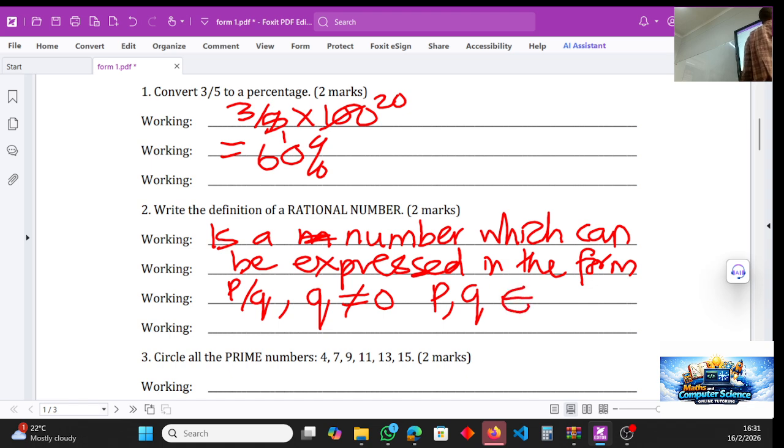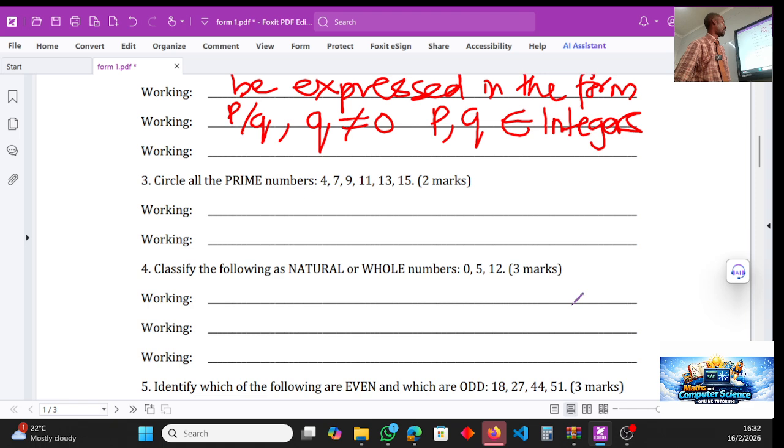So P and Q are elements of integers. In other words, they can be positive or negative numbers, whereby P is allowed to even take 0.